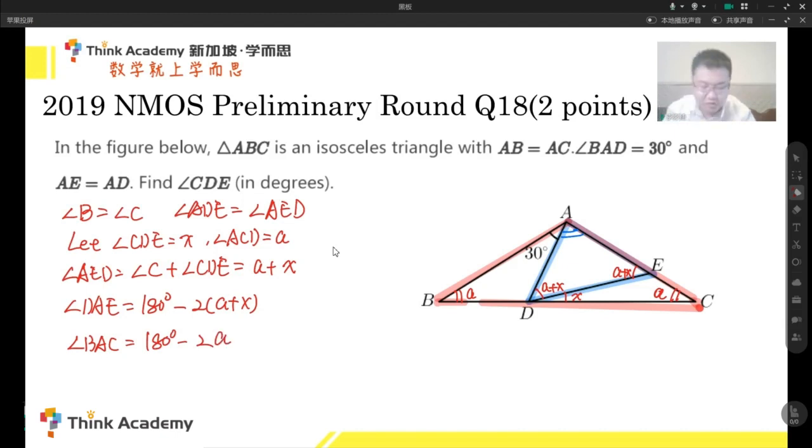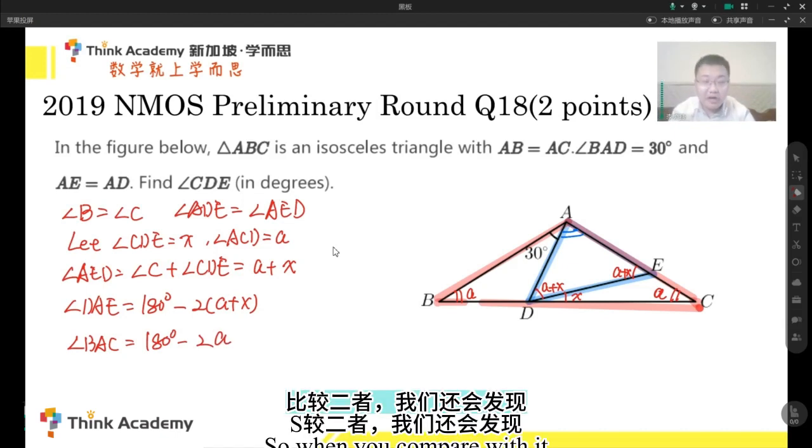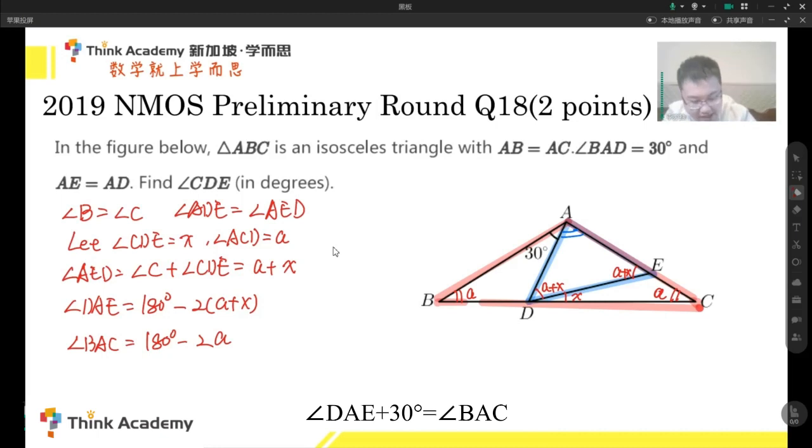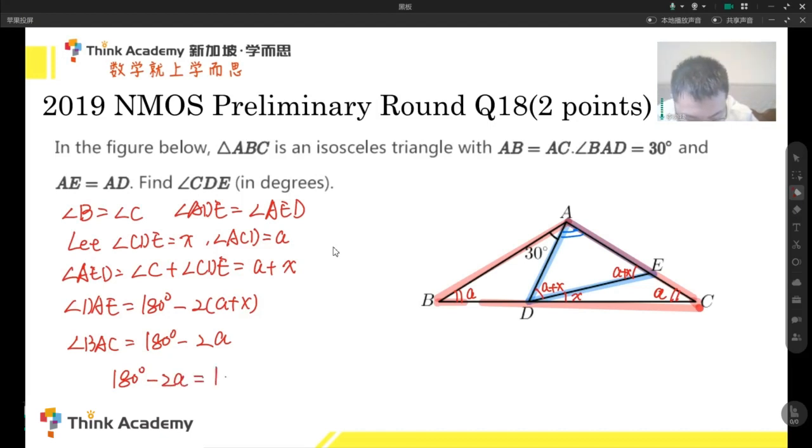So when we compare, we have DAE added to 30 will be BAC. So we have this formula: 180 minus 2A will equal 180 minus 2 times (A plus x), then plus the BAD, which is 30 degrees.